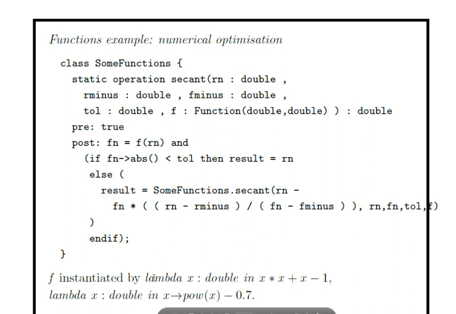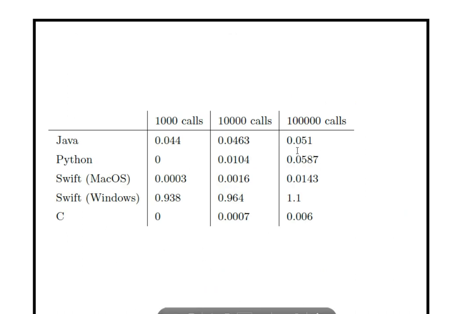And we try some different functions here. We try a simple quadratic function and a power function. And again, here we have quite efficient implementations, and Swift, in this case, is more efficient than Java.